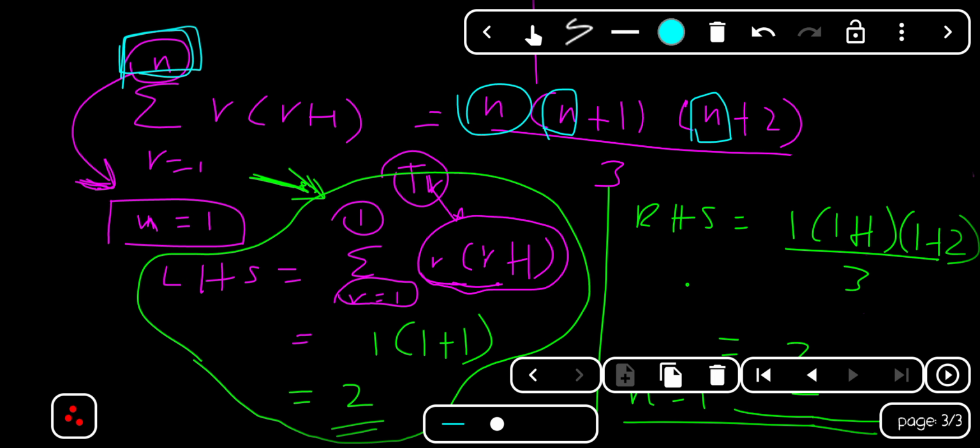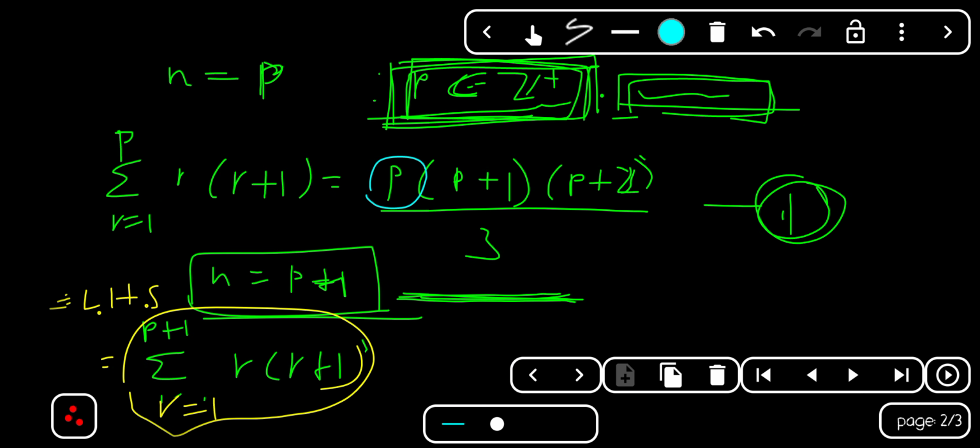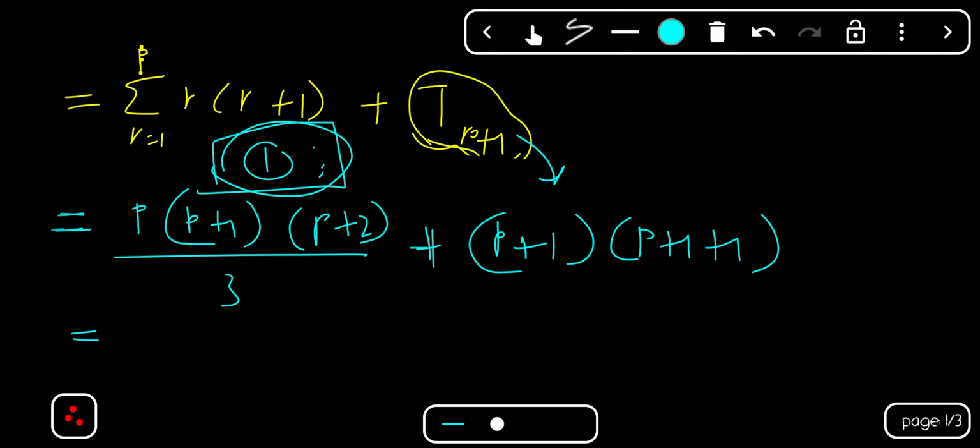If you can make p plus 1 appear instead of n, you have achieved the purpose, and you can say it's working on the p plus first term also. Hence, by mathematical induction, it is working for everyone, meaning when n can take any positive integer. It works on positive integers only, according to mathematical induction.